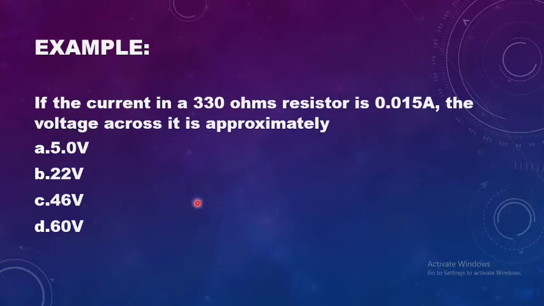So for example, if the current in a 330 ohms resistor is 0.015 amperes, the voltage across it is approximately: A, 5 volts; B, 22 volts; C, 46 volts; D, 60 volts. So we have a current of 0.015 amperes and 330 ohms.